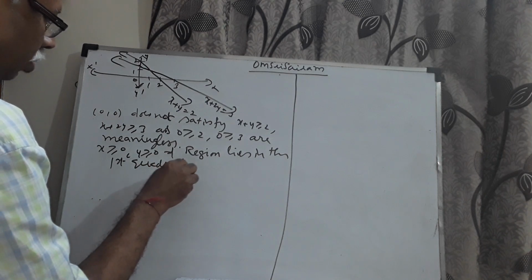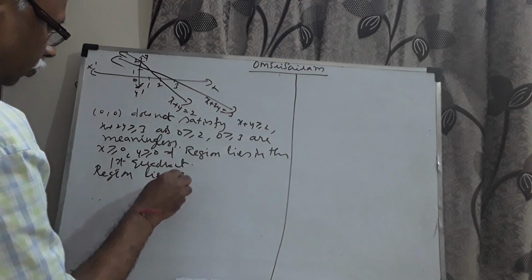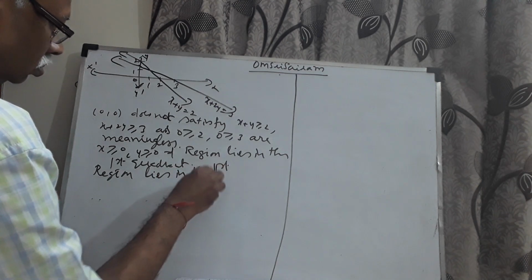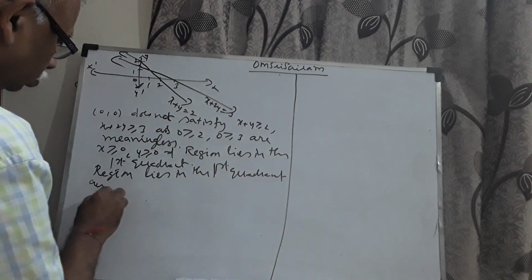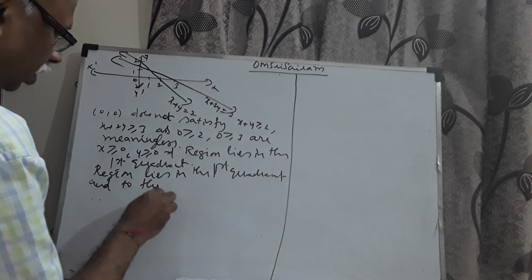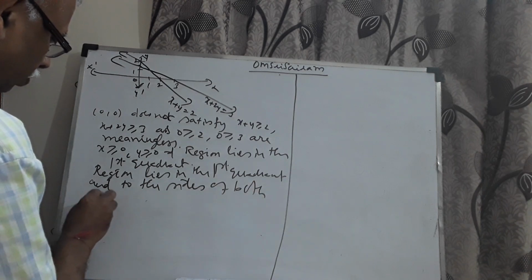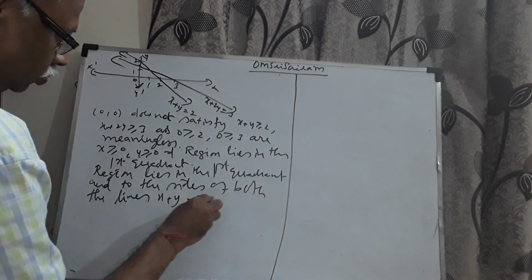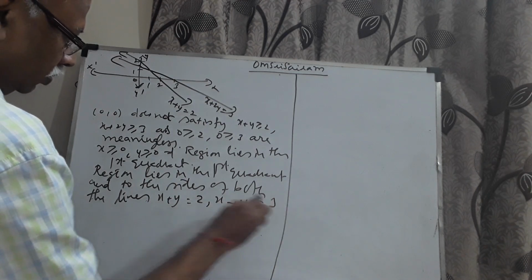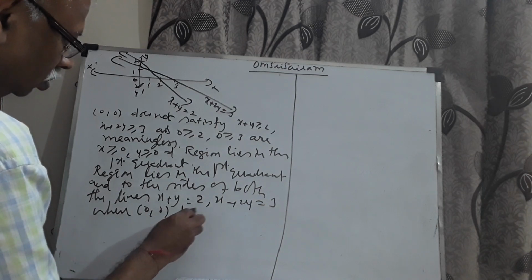Therefore, let me club everything. The region lies in the first quadrant and to the sides of both the lines x + y = 2 and x + 2y = 3 where (0, 0) does not lie.